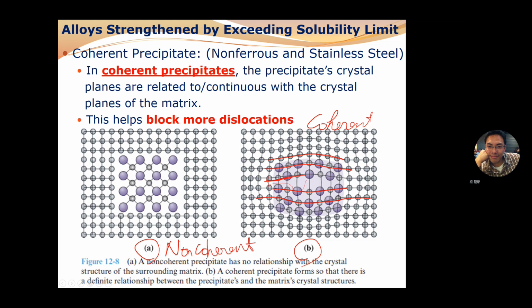So you can find there are two crystal structures, 1 and 2, right? In this case, its ability to block the dislocation movement is weak. Why? Why?